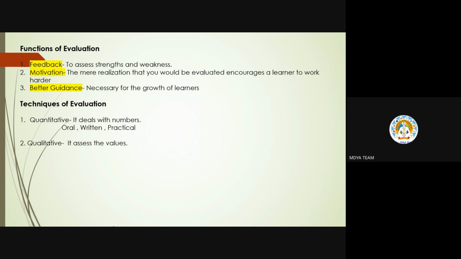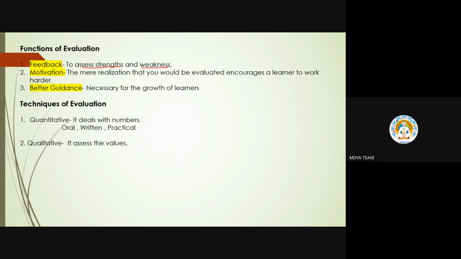Functions of evaluation. What does evaluation do? First thing is feedback, to assess the strengths and weaknesses. Just recall the report card that we got in your classroom.